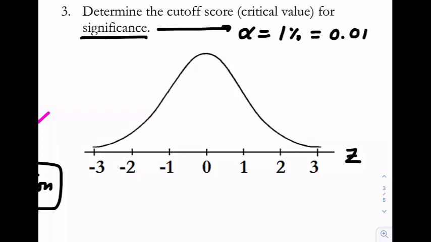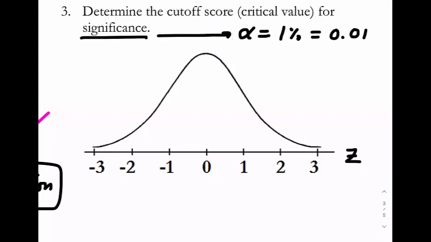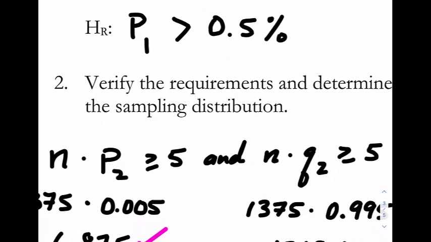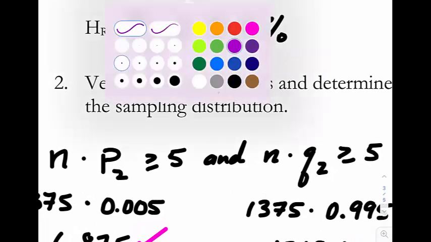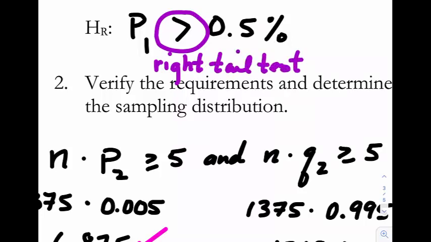Now we need to determine, is this a left tail, right tail, or is this a two-tailed test? Looking at the research hypothesis, the arrow is pointing to the right. So this will be a right tail test. More particularly, using the verbiage there, the word greater. Right tail.